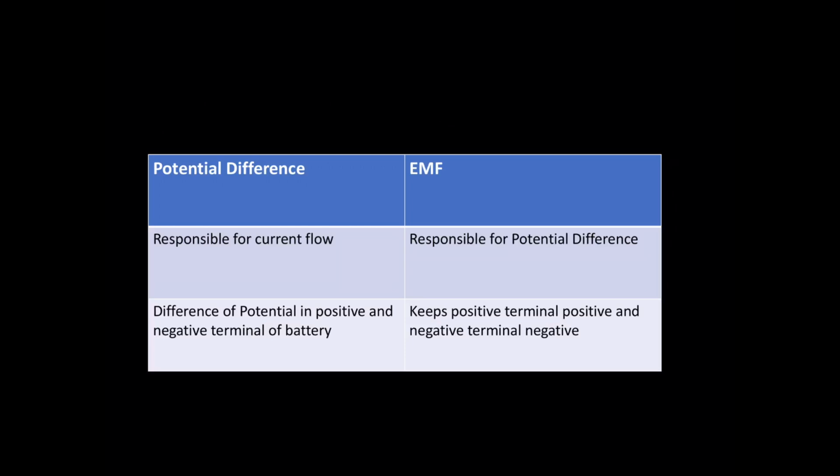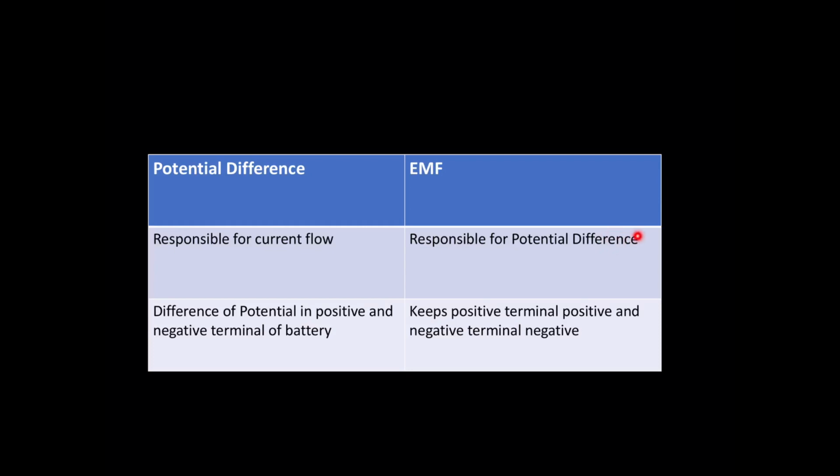Now we will be understanding the differences between EMF and potential difference. These are the two basic differences. The potential difference is responsible for the flow of current, whereas EMF is responsible for the potential difference. EMF is responsible for keeping the positive terminal of the battery positive and the negative terminal of the battery negative.